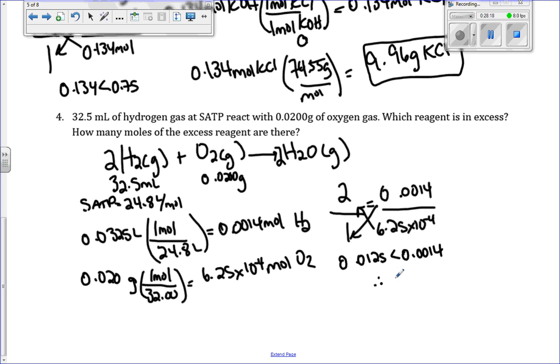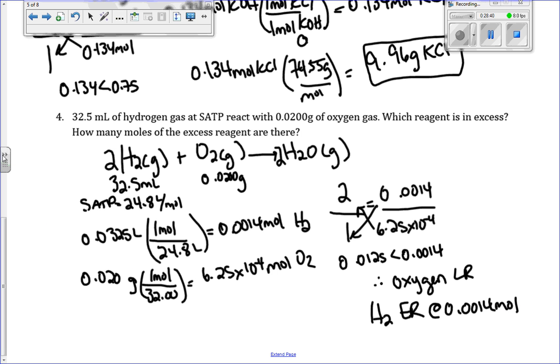Therefore, oxygen is our limiting reagent. So hydrogen is our excess reagent, and it has a value of 0.0014 moles.